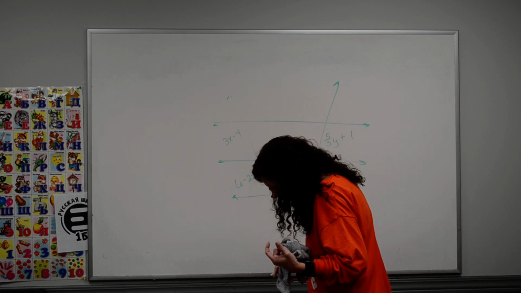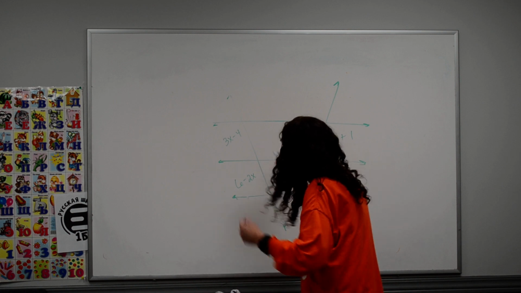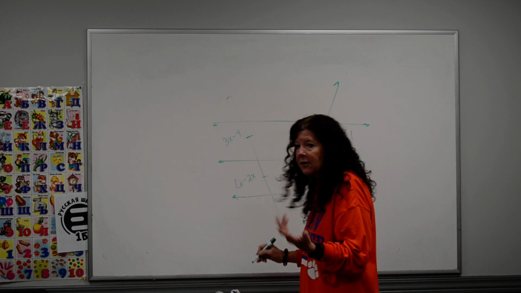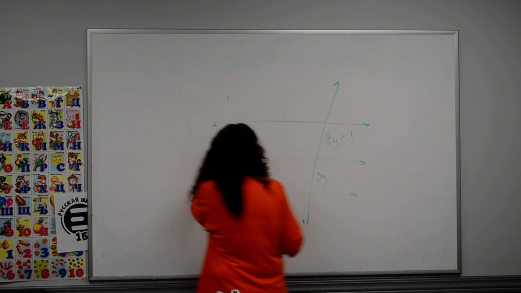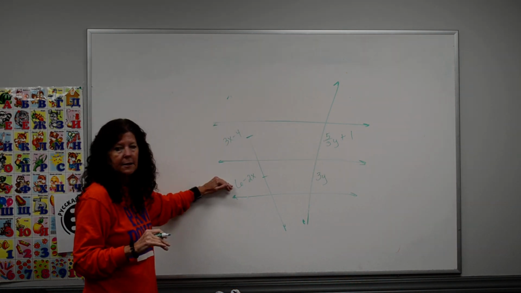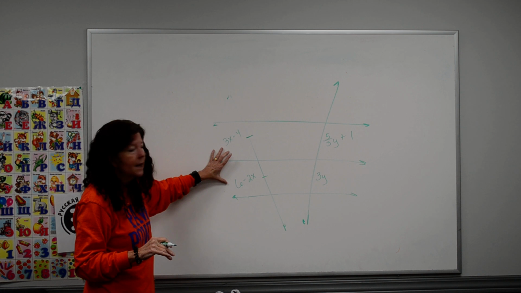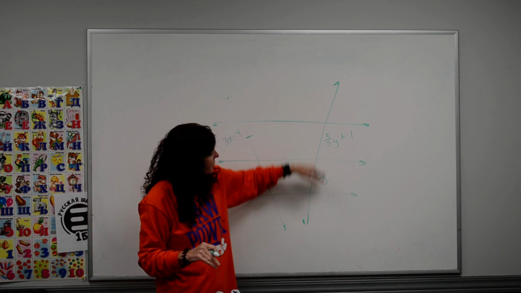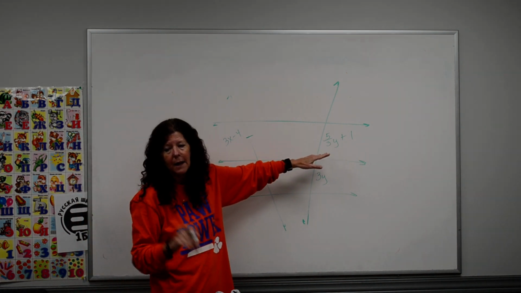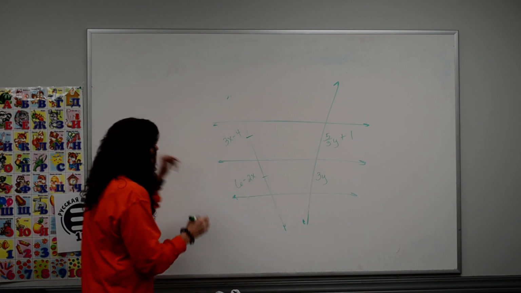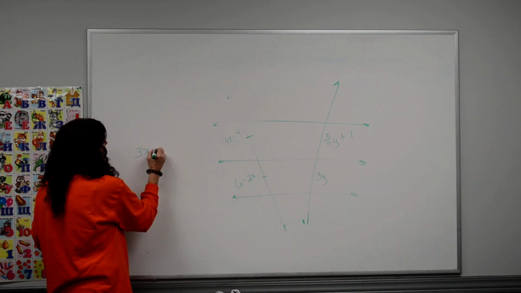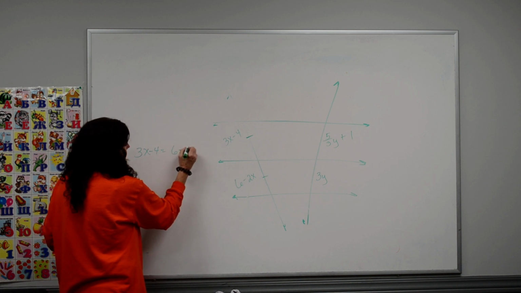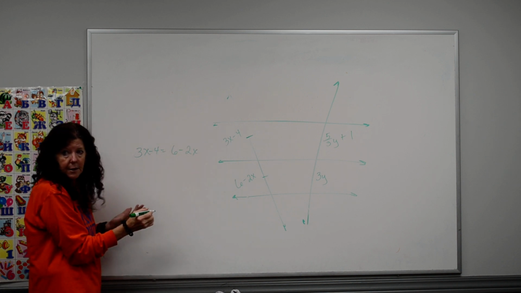This one actually cut it exactly together, so I can first solve for x by putting these two together. Now, I don't know for sure that those are going to be the same, so I can't assume that if it doesn't have a line on it. But this one already has a congruency mark on it. So 3x minus 4 is equal to 6 minus 2x, and I can solve for x.